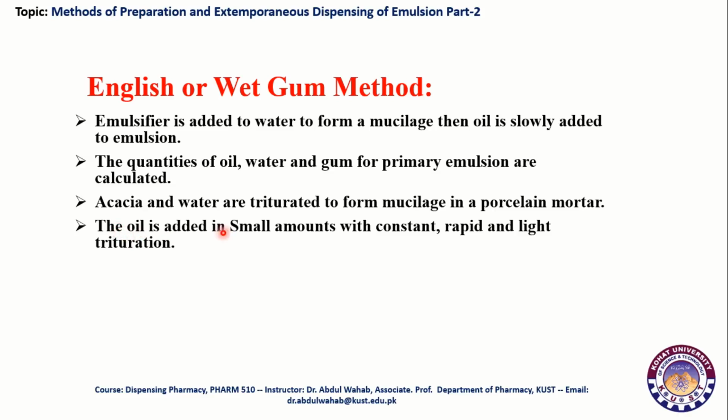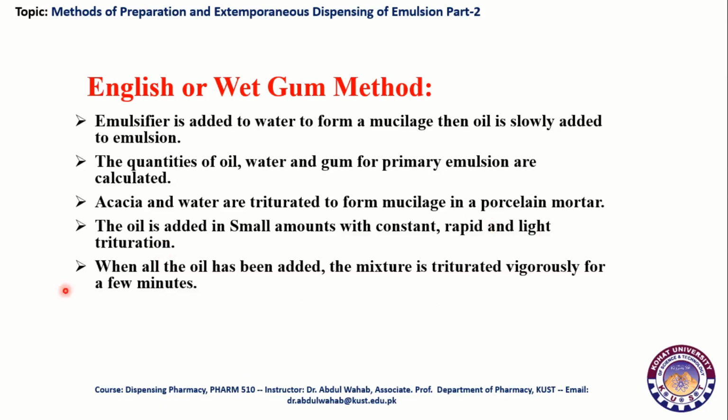Then the oil is added in small amounts with constant, rapid and light trituration. When all the oil has been added, the mixture is triturated vigorously for a few minutes. After the addition of all the oil, what should be done? The mixture should be triturated vigorously for a few minutes.